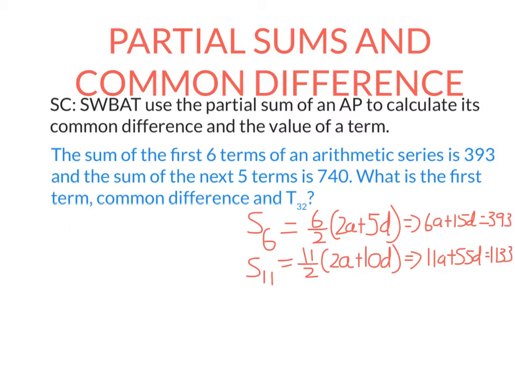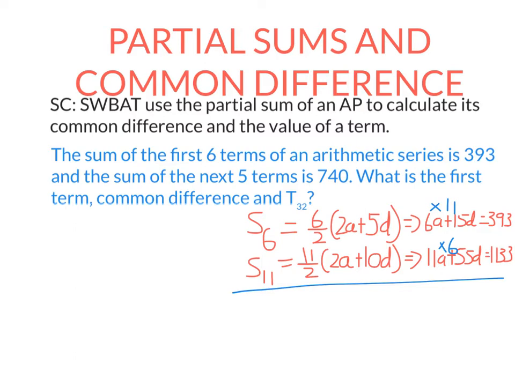I now have simultaneous equations, so I'm going to find a and d. So the problem, neither a nor d has the same coefficient in both equations. So if I times the top one by 11 and the bottom one by 6, then they will have the same coefficient. So let's times the top equation by 11.